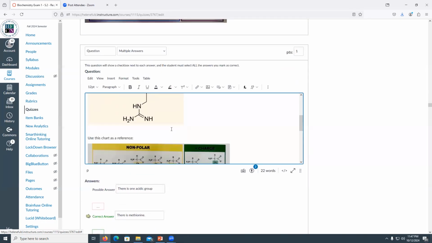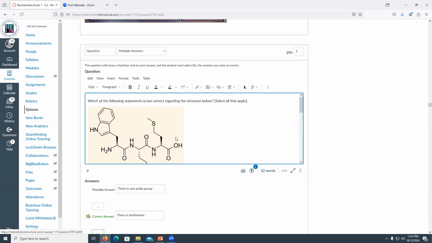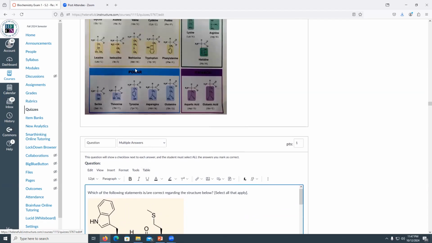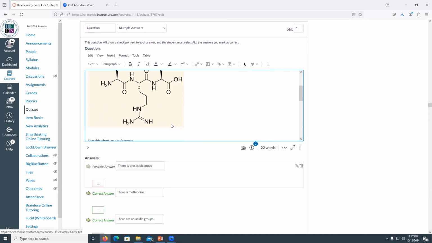There are no hydrophobic groups. Is that true? No, that is not true, because this sulfur is bound in this methionine. You see this methionine, it is already bound to two carbons. It cannot have a third bond. It is definitely a non-polar group.